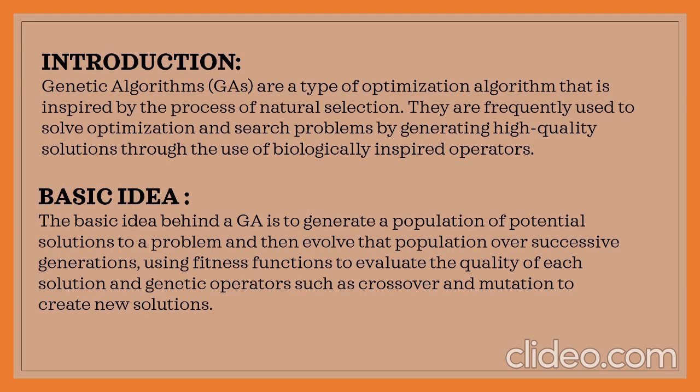What is the basic idea behind usage of genetic algorithm? It is used to generate a population of potential solutions for a problem and then evolve that population over successive generations, using fitness functions to evaluate the quality of each solution and genetic operators such as crossover and mutation to create new solutions.